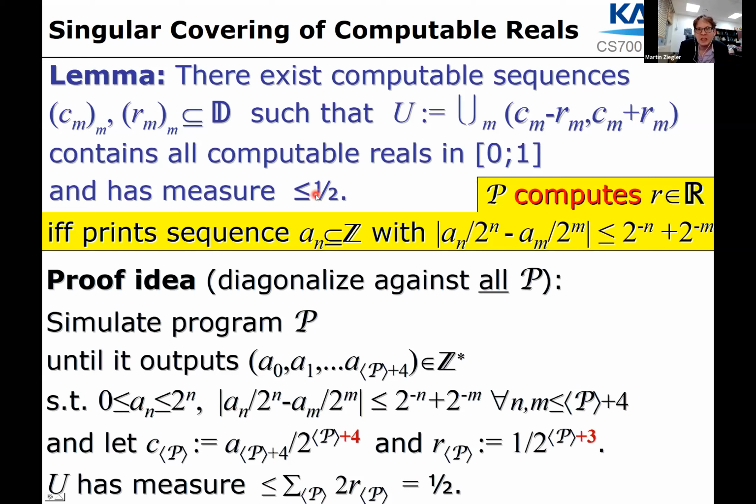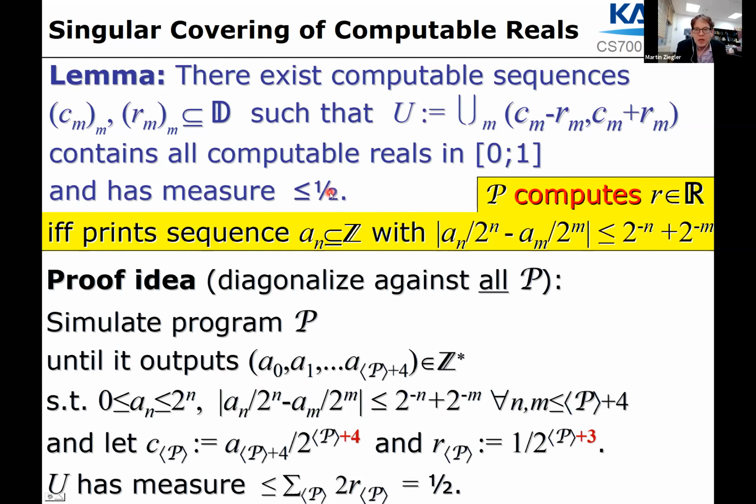So to summarize, this is just a variation of the classical calculus statement that every countable set has Lebesgue measure 0, that is, can be covered by open intervals of arbitrarily small total measure. And here we refine that construction to computable centers and radii of open intervals that cover all countably many computable reals and have arbitrarily small, in this case, measure 1/2.